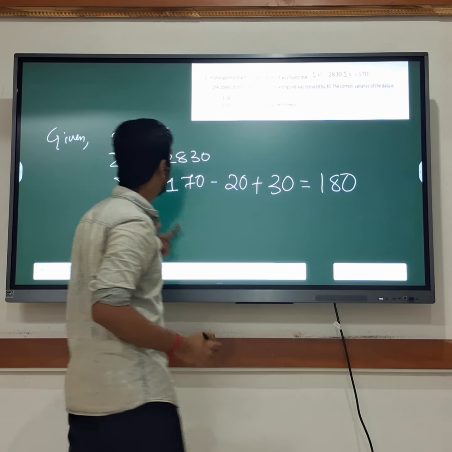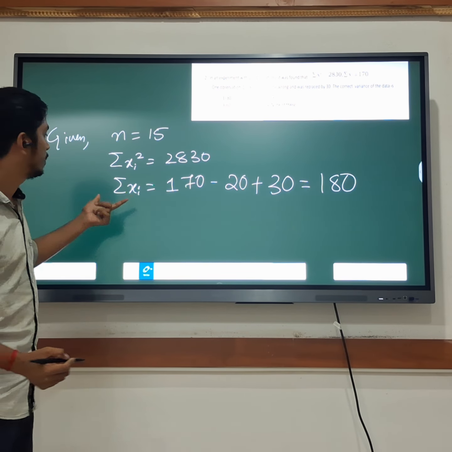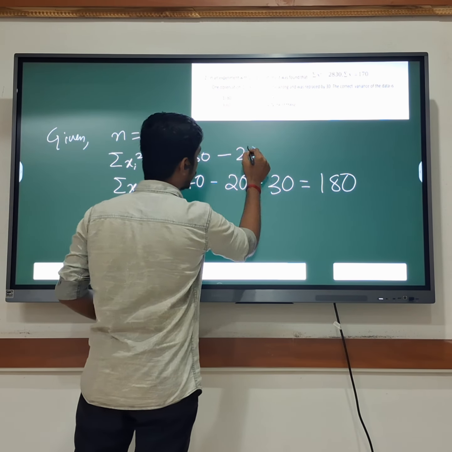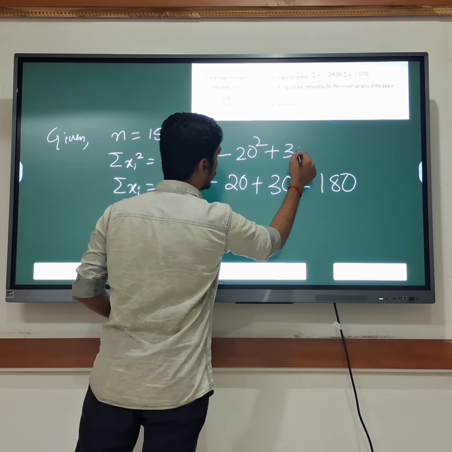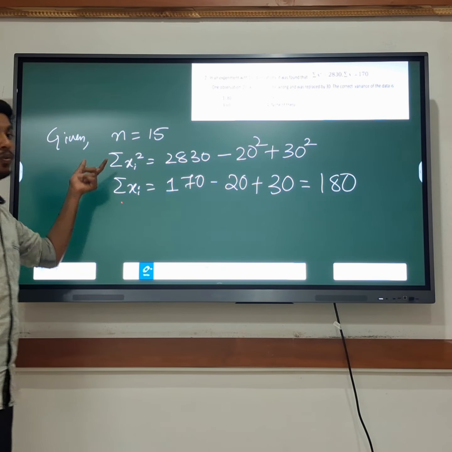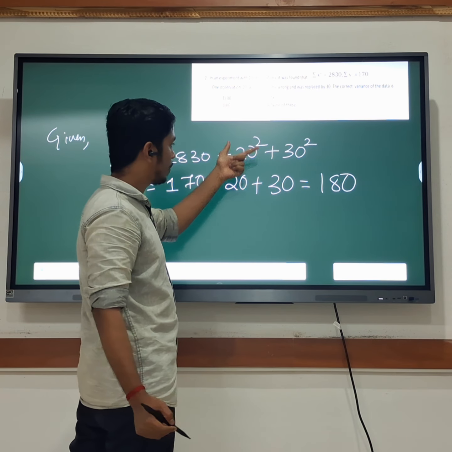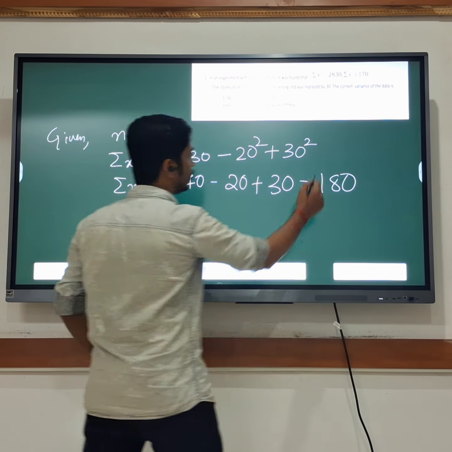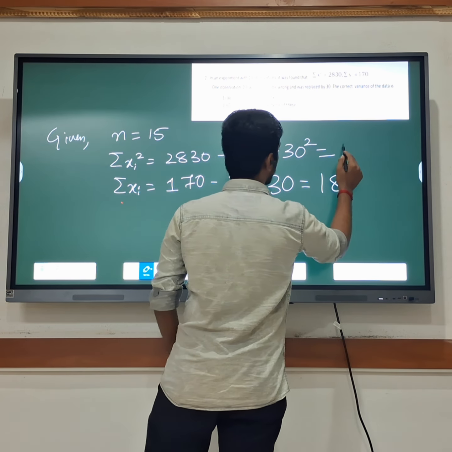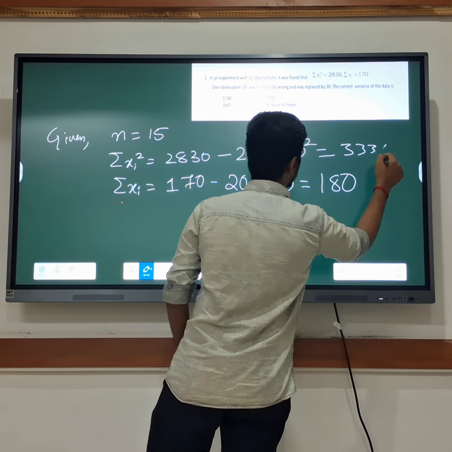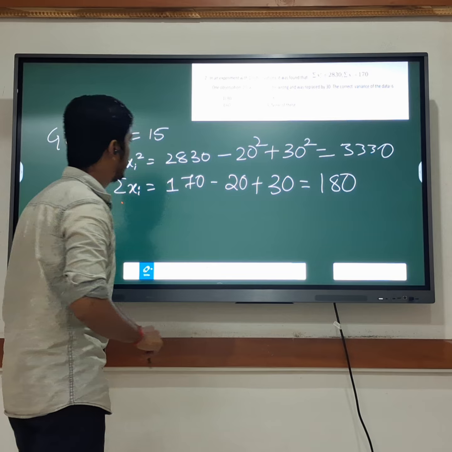Now the new sum of the observations is 180. Similarly here also minus 20 square plus 30 square, because we are doing the sum of the squares of the observations, so subtract 20 square and add 30 square. You will get 3330. Correct? Okay, check it.